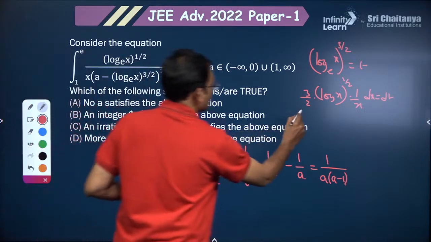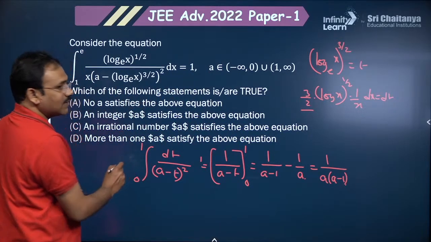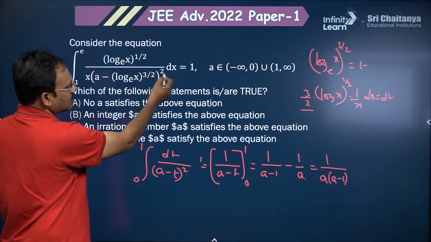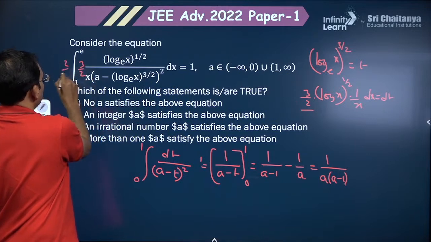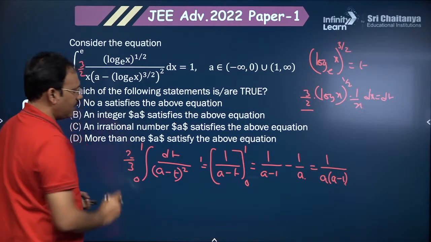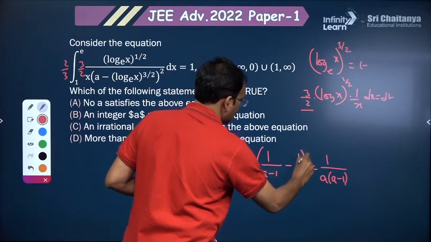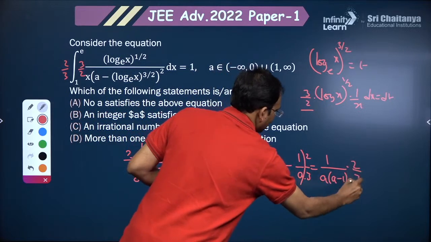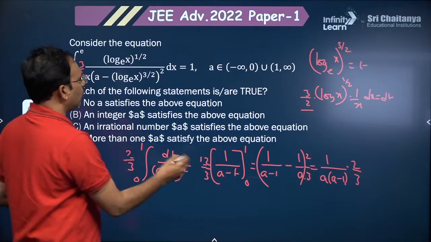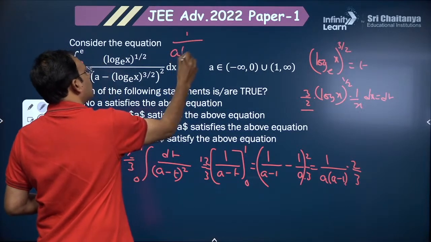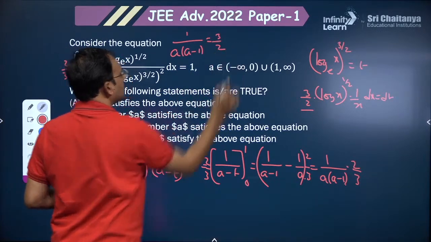When you write the 3 by 2 here, 2 by 3 comes here, so you need 3 by 2 here, you supply 2 by 3 here, so into 2 by 3 will be there. So this is equal to 1, which means 1 by a into (a minus 1), into 2 by 3, equals 1, means a into (a minus 1) is equal to 2 by 3.